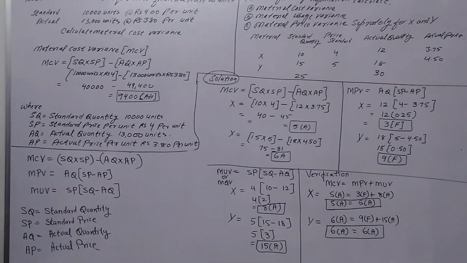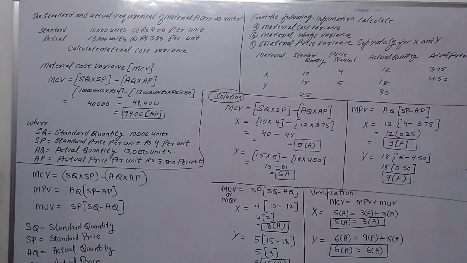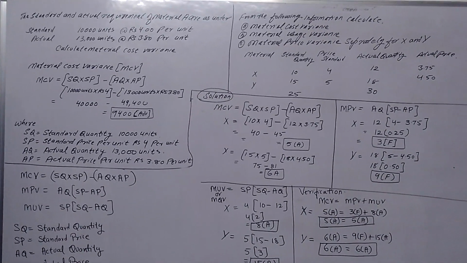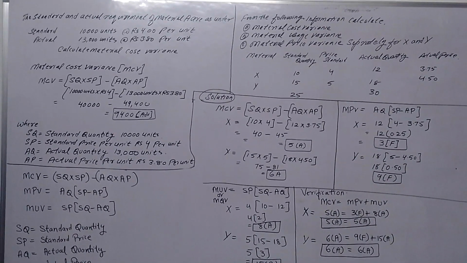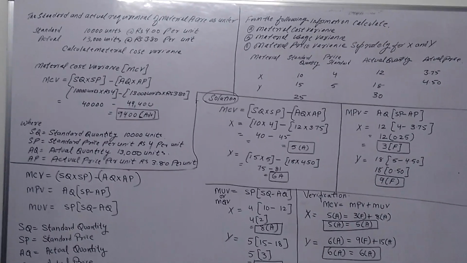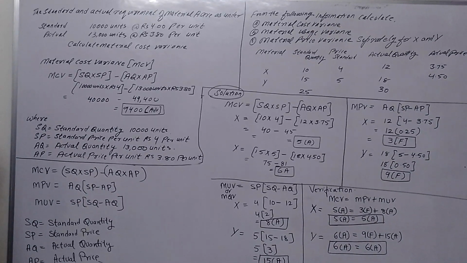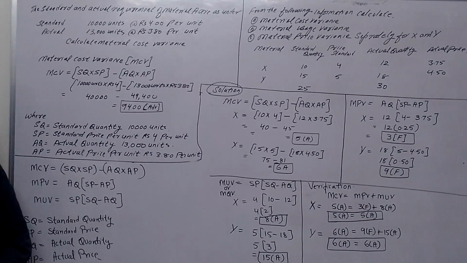The first question: the standard and actual requirement of material A are as under. Standard is 10,000 units at the rate of rupees 4 per unit, and actual is 13,000 units at the rate of 3.8 per unit. Calculate the material cost variance.